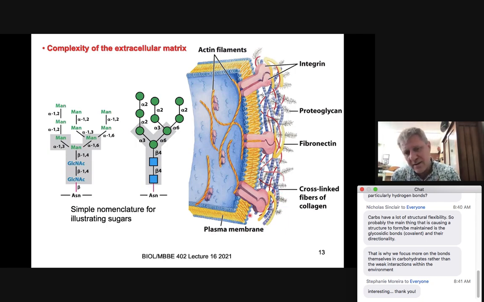So when we think about the strength of the membrane, it's not just the lipids that are playing the role, it's also the extracellular components, which includes carbohydrates playing a particular role.